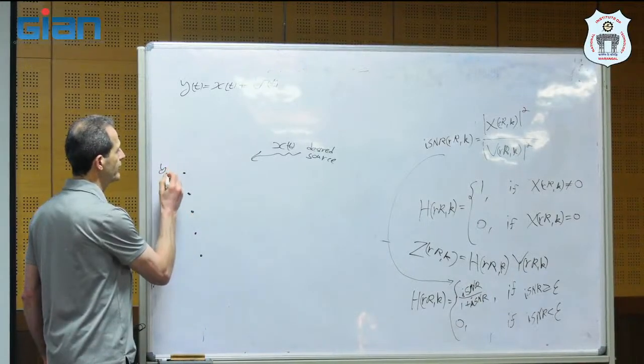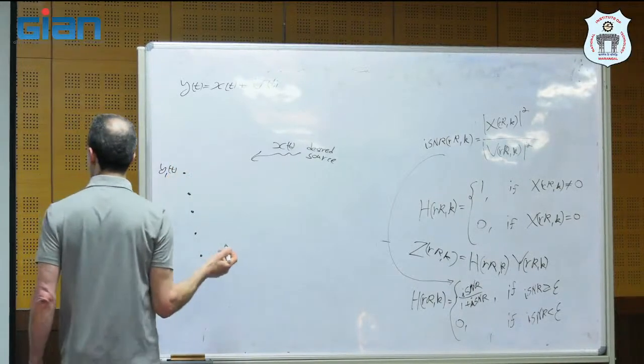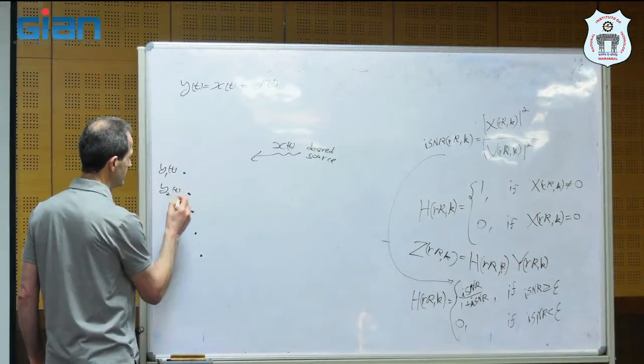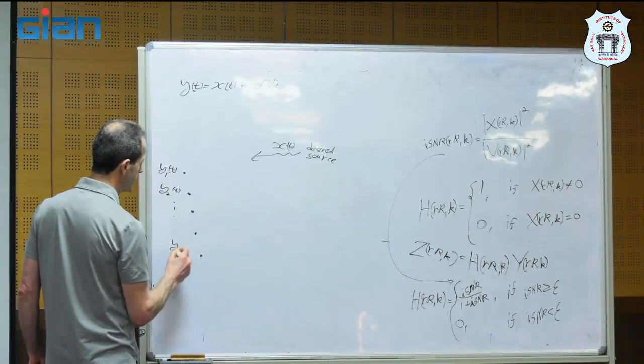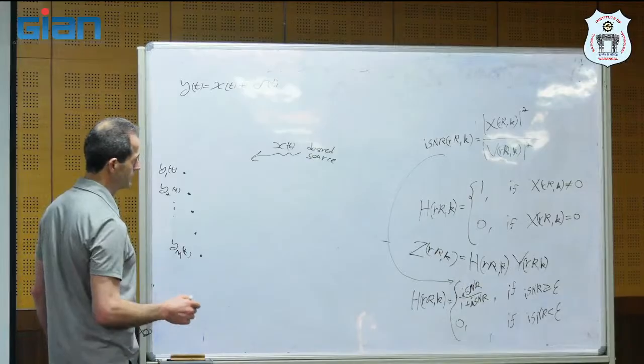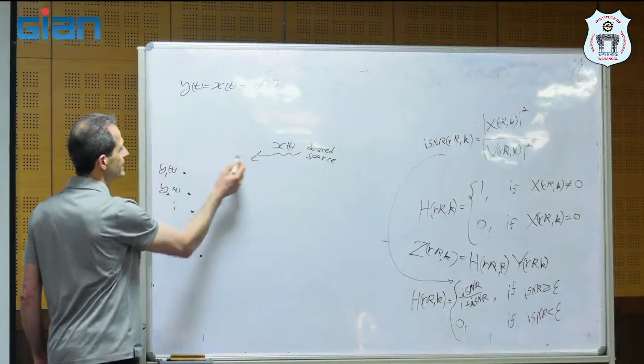So here we have y1(t), y2(t), until we have yM(t). So we have M sensors. So here we don't need to assume that the desired signal is here.